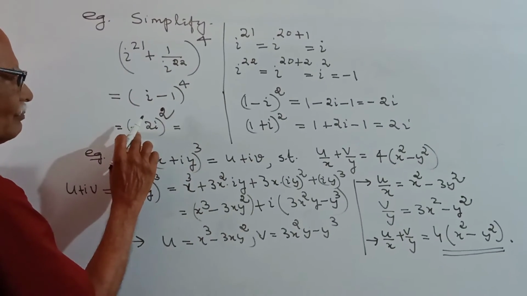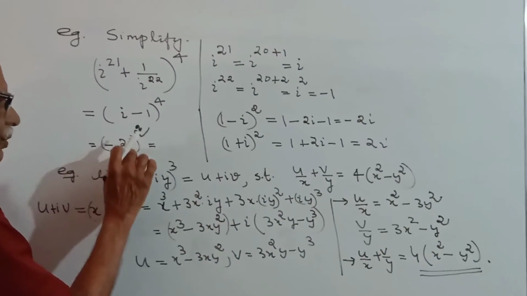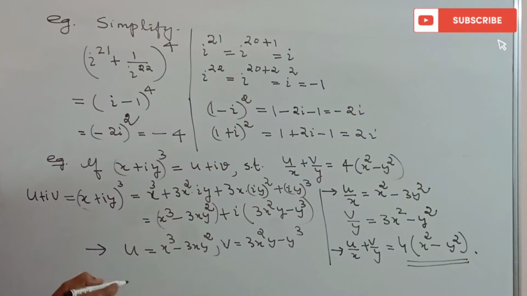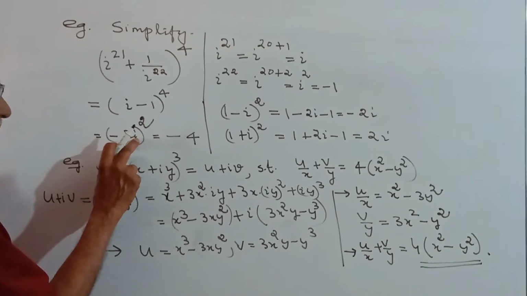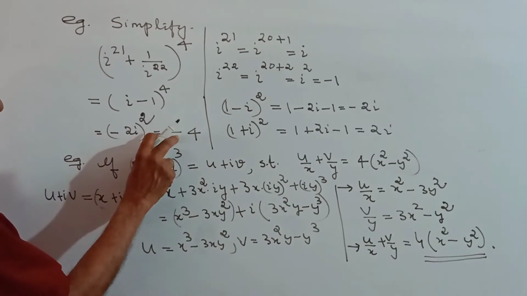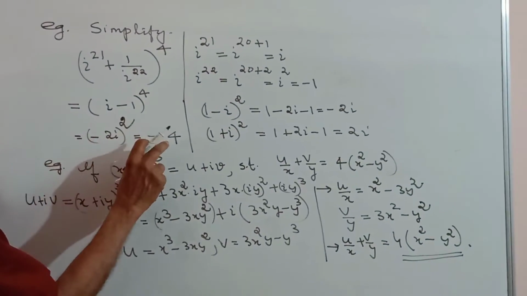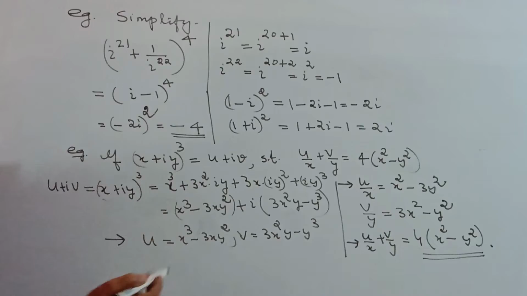So minus squared is plus. 2 squared is 4. i squared is minus 1. So net effect is minus 4. Minus will balance, but i squared will continue with a minus. So 2 into 2 is 4, with minus 1 is minus 4. So this is the final answer.